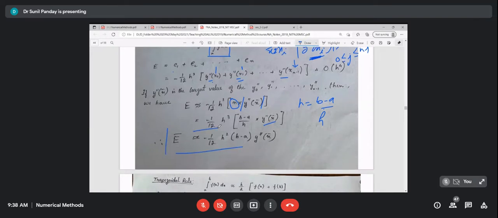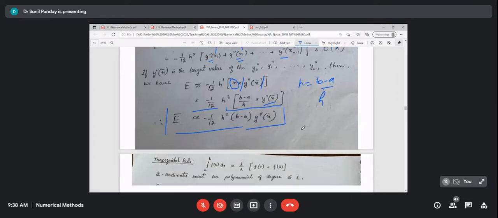So the error in the generalized or composite trapezoidal rule is minus h square upon 12 times b minus a times y double dash of x bar.